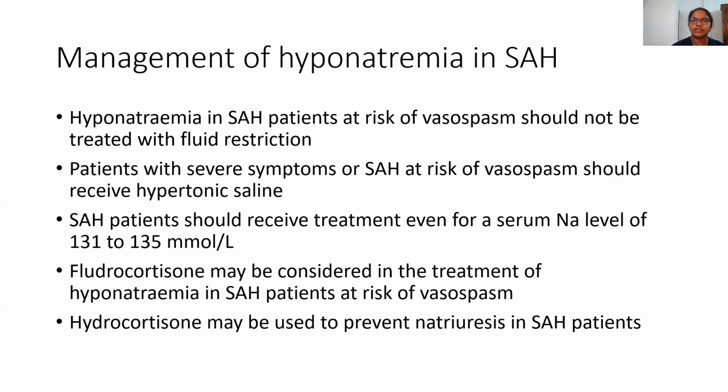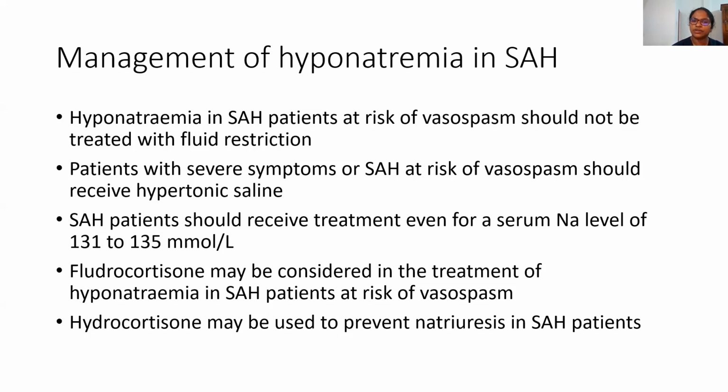If the patients are severely symptomatic, as in any hyponatremia, you can give hypertonic saline. In contrast to other patients, these patients should receive active treatment for hyponatremia even if their sodium levels are more than 130. So even if it is 130 to 135, you might need to give some 3% or normal saline to bring up their sodium in subarachnoid hemorrhage patients.